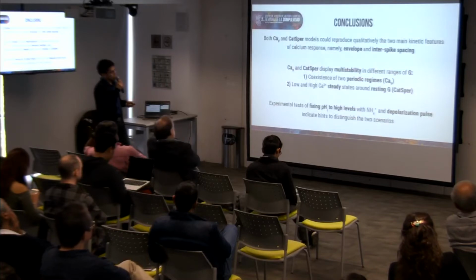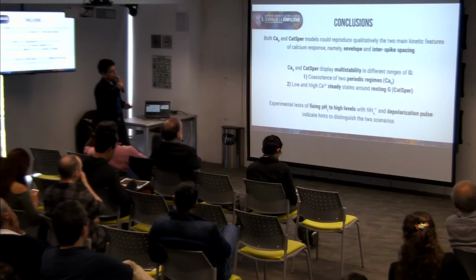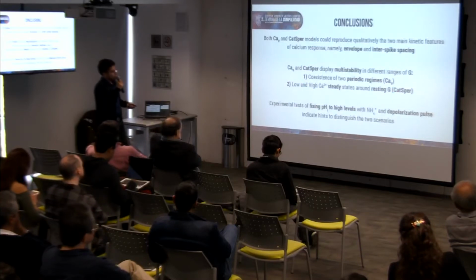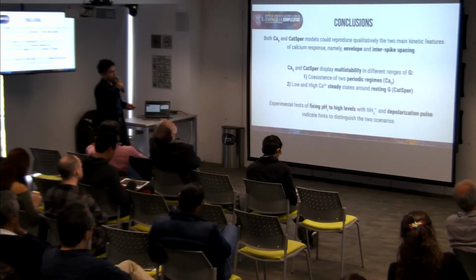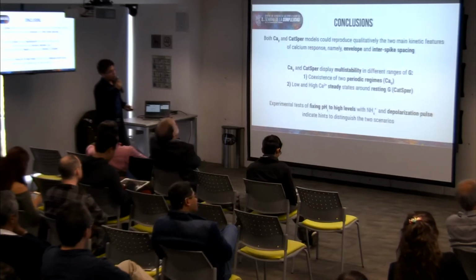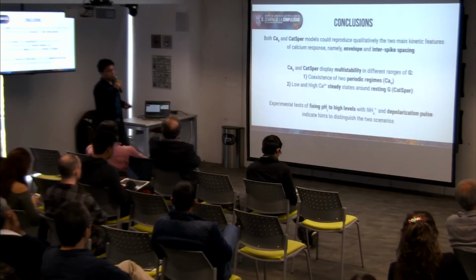One is two periodic regimens, and the other is low and high steady state around the resting state. This experimental test of fixing pH to high levels with ammonia gives hints to distinguish these two scenarios. There are more predictions by the models, but these are still to be tested in the laboratory.